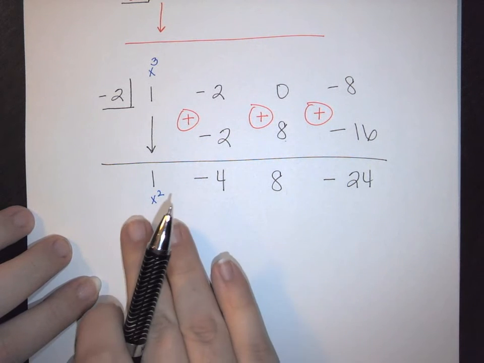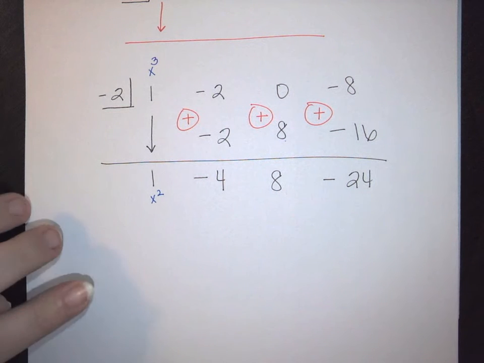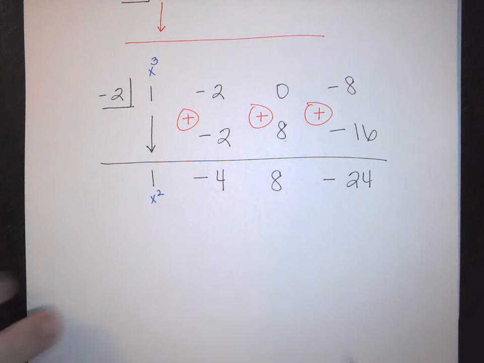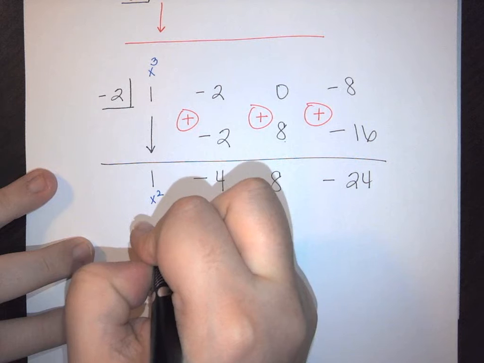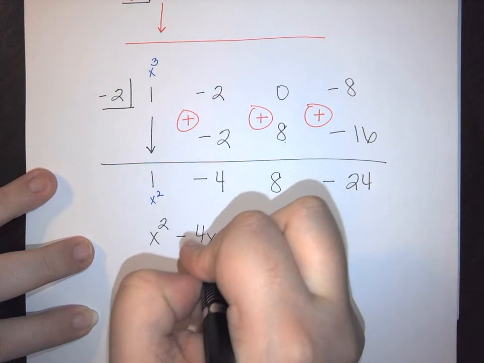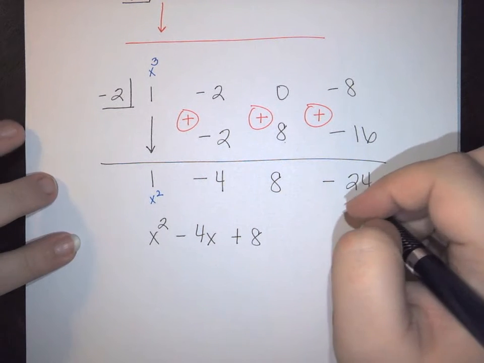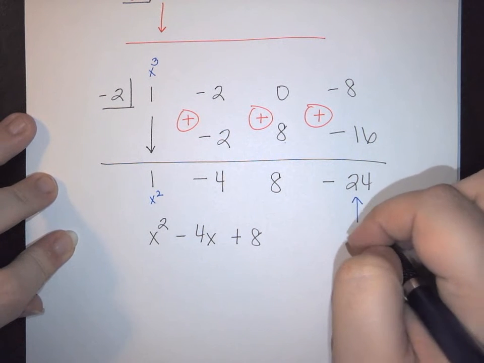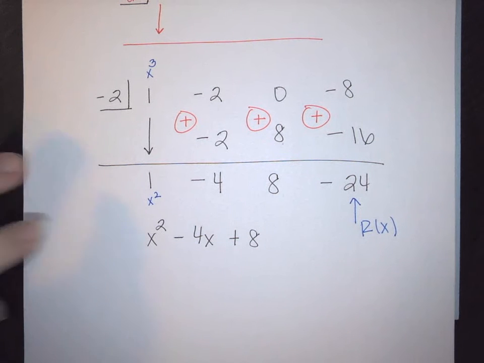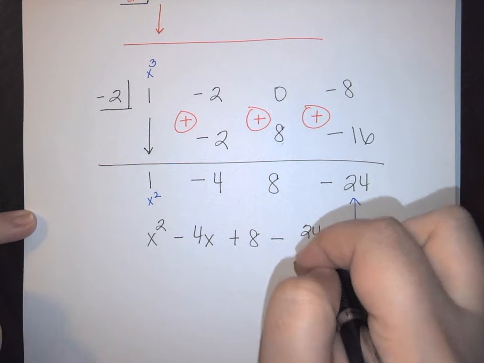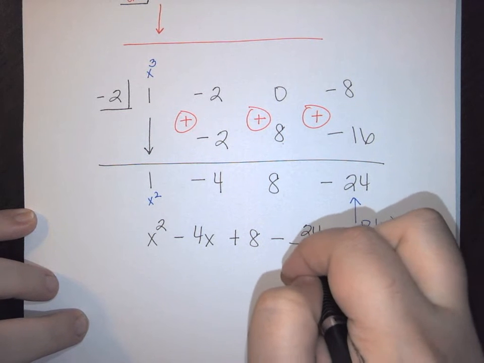Now what we're going to do is we're going to rewrite our equation. So this is going to give us x squared minus a 4x plus 8, which means this piece right here is your remainder. So your remainder here is going to then be minus 24 over the x plus 2.